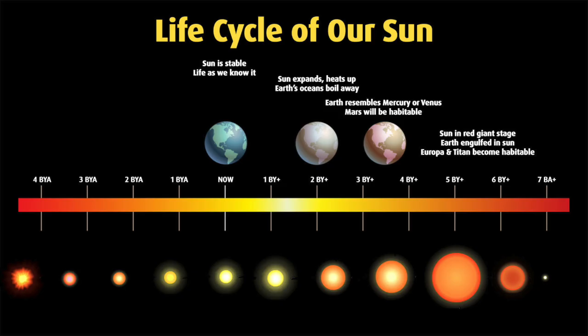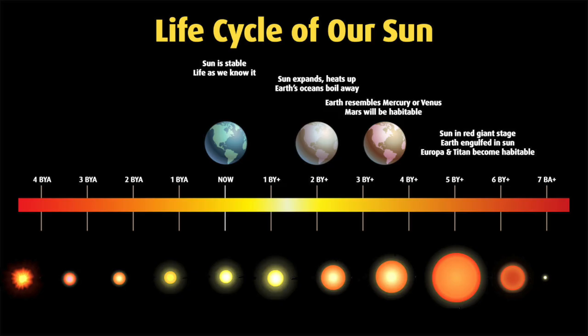And then about 5.5 billion years from now, the sun will be in what is called its red giant stage. It will actually expand so much that it will engulf the Earth. So goodbye, Earth. But the moons of both Jupiter and Saturn could become habitable. So this is all accepted astrophysics science, and nobody says that this is wrong.